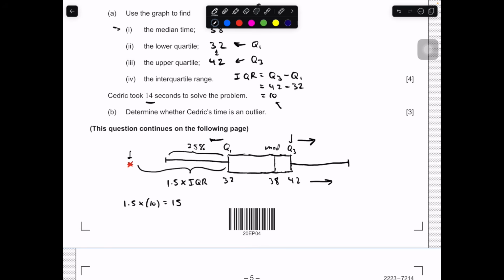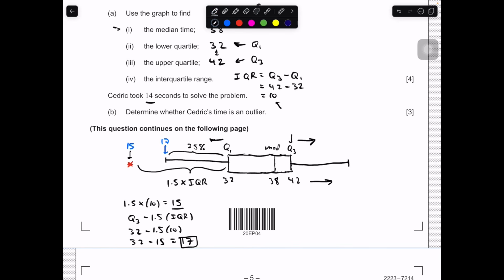So we have Q1 minus 1.5 times IQR, which is 32 minus 15, giving us a value of 17. So 17 is the extent to which these whiskers will travel. This is the lowest point they'll go, and we know that Cedric's score right here is 14.